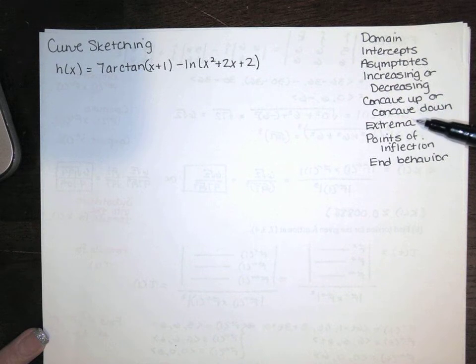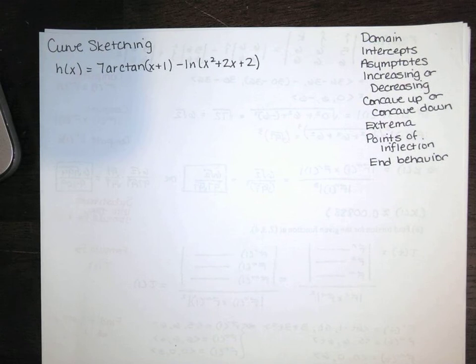And we want to find extrema of a function, relative mins and relative maxes. And we want to find points of inflection if there are any. And we want to find the end behavior of the function. So that's the plan. That's what we're going to do for this function throughout the rest of this video.